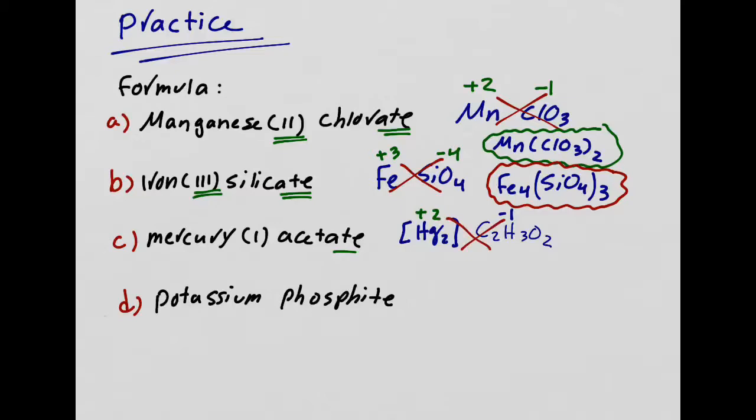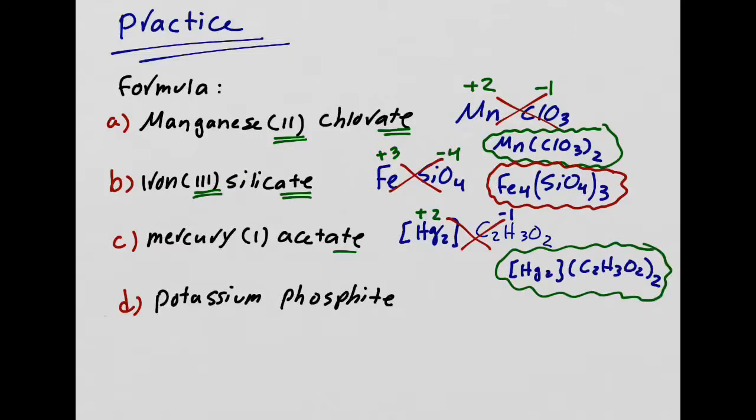If I do that, what I end up getting is, again, mercury 1 and then C2H3O2 with a 2, because the 2 over here is going to go down here, but I have to put a bracket. So far, so good. Again, these are hard problems, but I'm trying to do the hard problems now so you guys have an easier time on the exam.